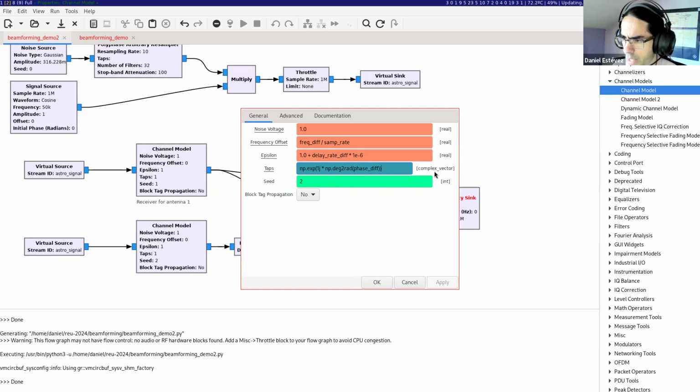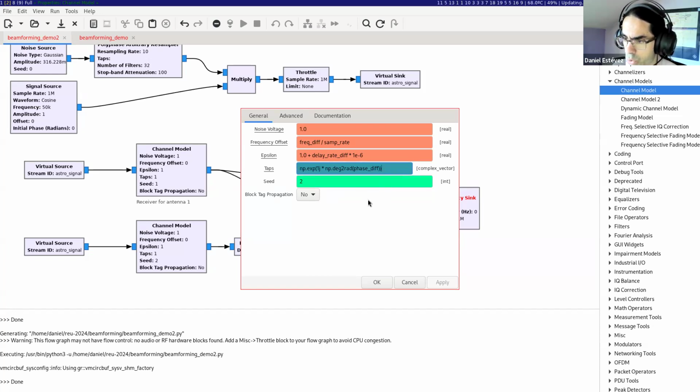This is what is meant here by complex vector. Each of the elements of that complex vector represents one echo of the signal, with the first component of the vector representing the direct signal. And those are complex numbers which have the amplitude and phase of the signal.